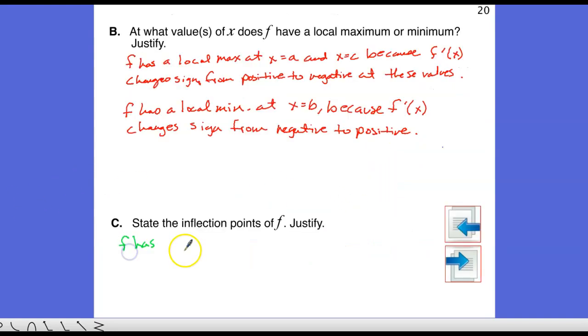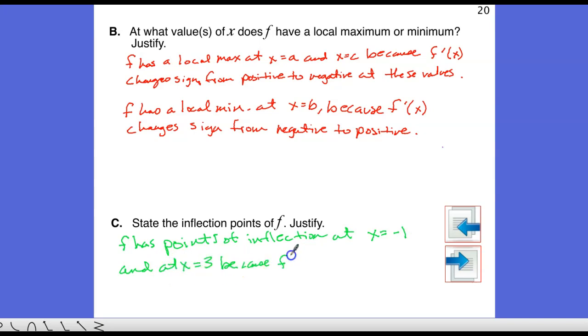We can say f has points of inflection at x equals -1 and at x equals 3 because f double prime of -1 equals 0 equals f double prime of 3.